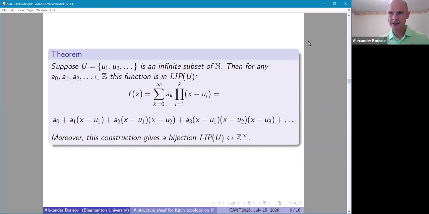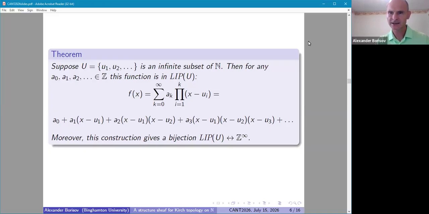At every step, you have ak times a polynomial, which is the product of (x minus ui) for the first k of the ui's. So it's a formally infinite sum, but for every element in U, it actually is 0 from some point on. So obviously, this gives a well-defined and, in fact, lib function.